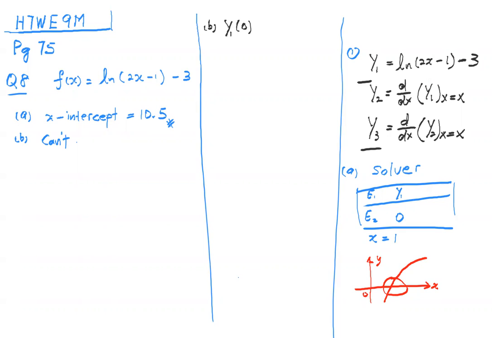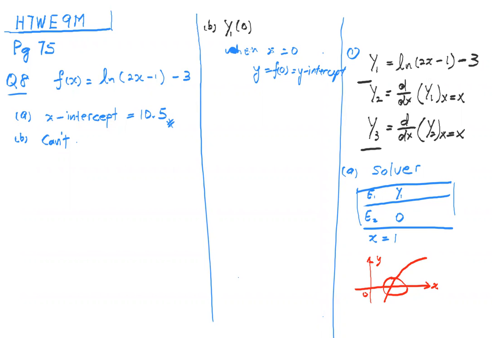What do I mean when I ask you to look for f(0)? When x equals 0, whatever y you obtain is called the y-intercept, am I right?